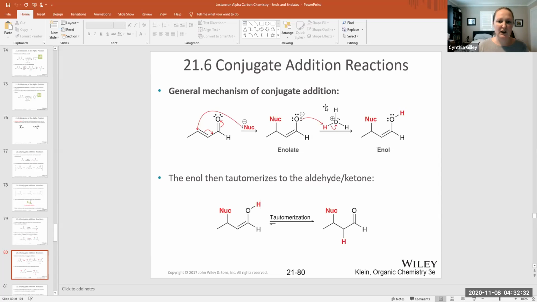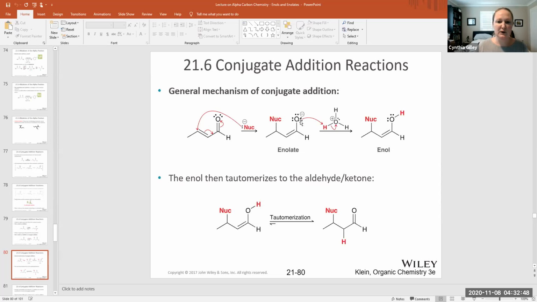It's also called conjugate addition because of the intermediate being an enolate, which is the conjugate base of an aldehyde or ketone.